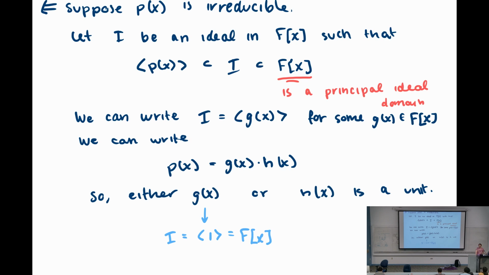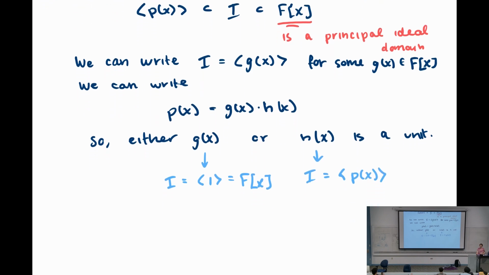And then if h is the unit, then that means that I is actually equal to the ideal generated by p(x). Right, so why is that?